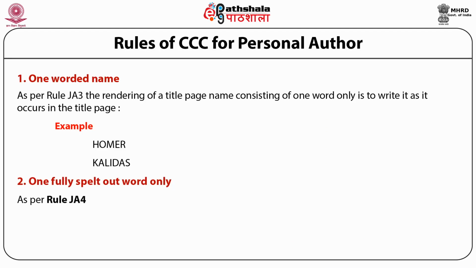As per rule JA4, the rendering of a title page name consisting of one and only one fully spelled out word, though preceded by initials, is to write the fully spelled out word as the entry element and to write the expansion of the initials as the secondary element. Example, Srivastava, AP.